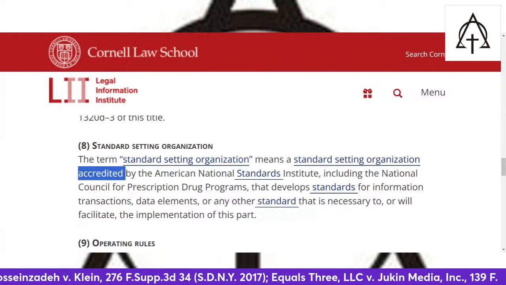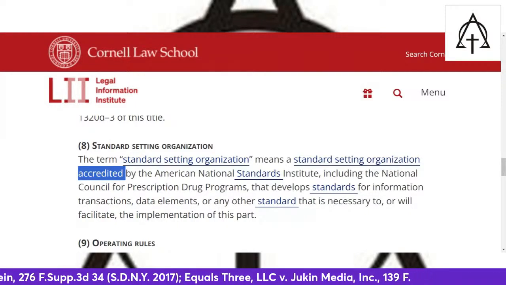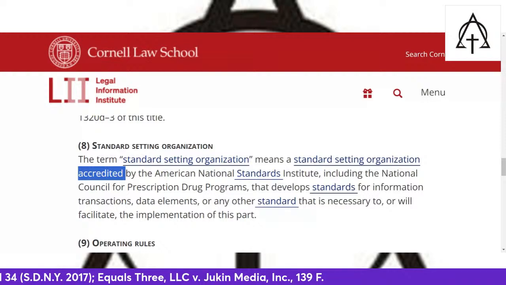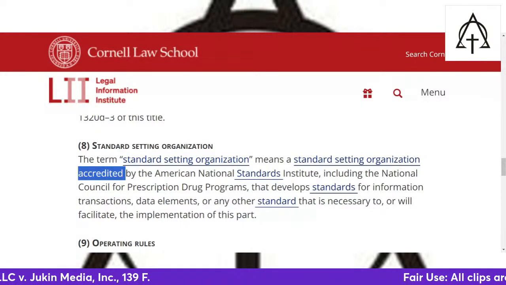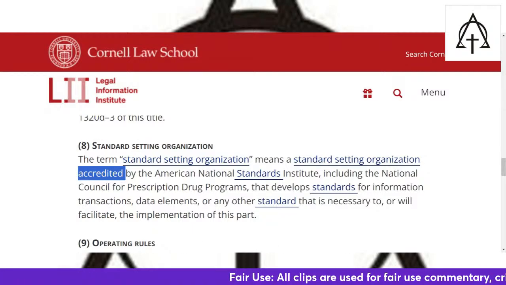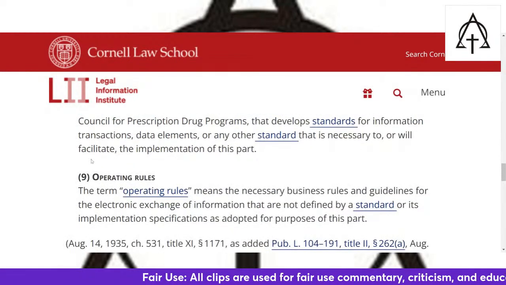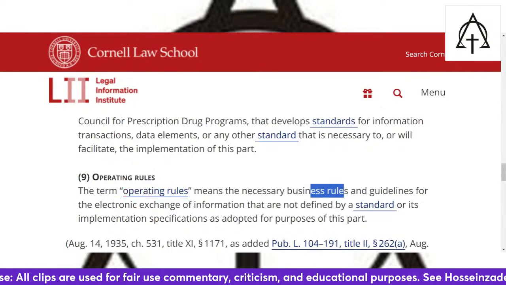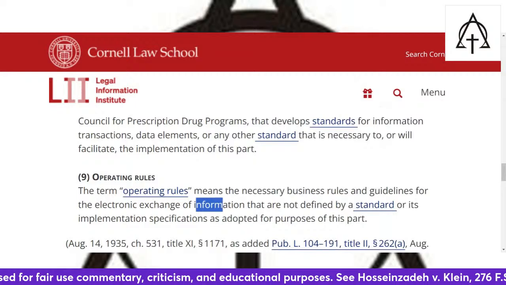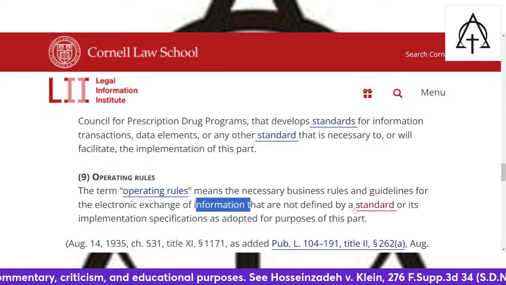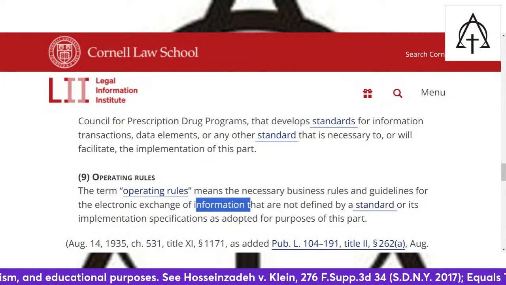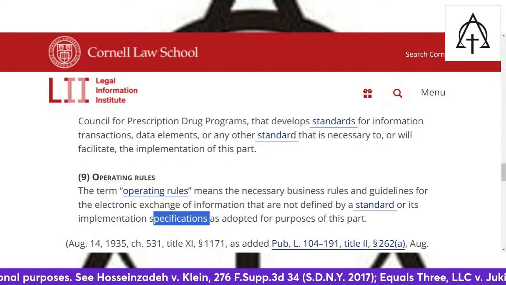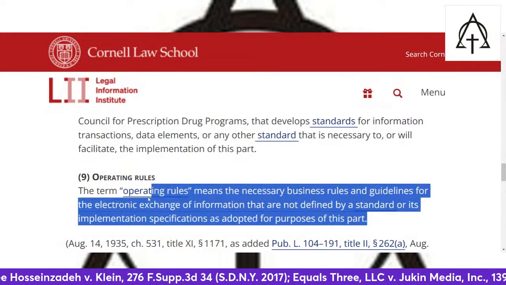Will facilitate the implementation, contract terms and conditions required to implement. It has to be in contract form. Operating rules means the necessary business rules and guidelines for electronic exchange of information that are not defined by a standard or its implementation specifications as adopted for purposes of this part.